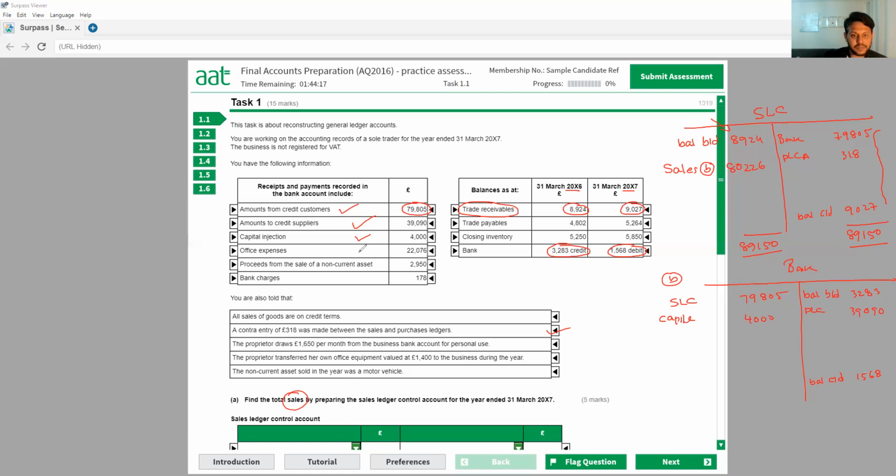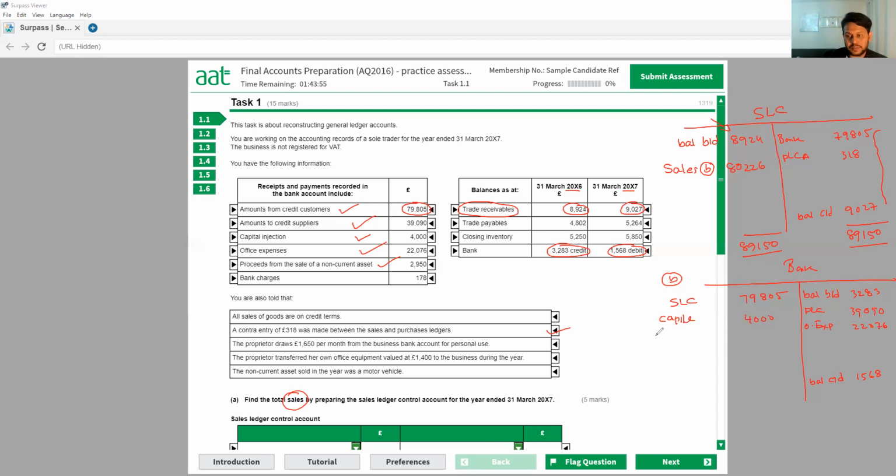Then we have office expense. So it's also credit because office expense we pay. Office expense, that is 22,076. Then proceeds from the sale of non-current assets. So we got some money by selling the non-current asset.